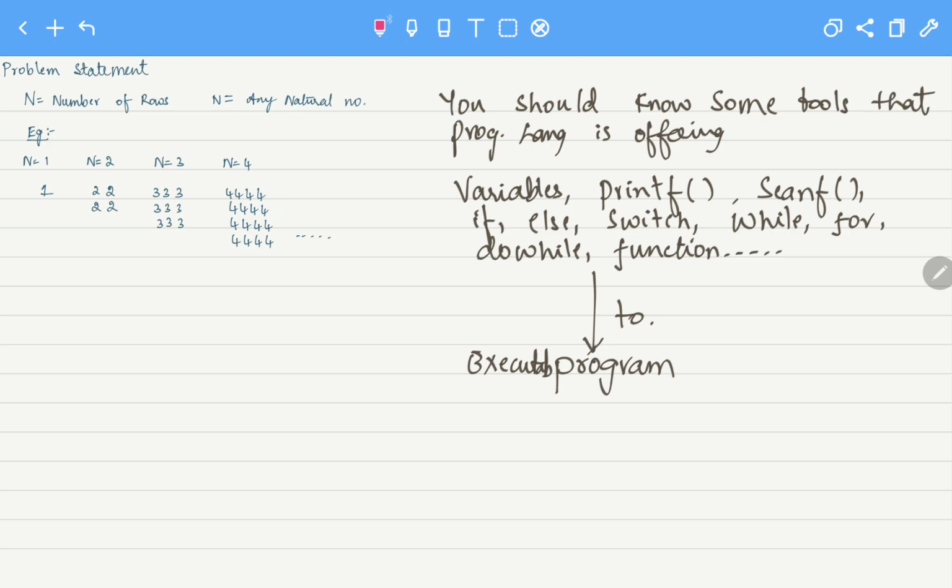The first thing we understood is n representing the number of rows. So somewhere in your memory you have stored this information, and also n being any natural number.